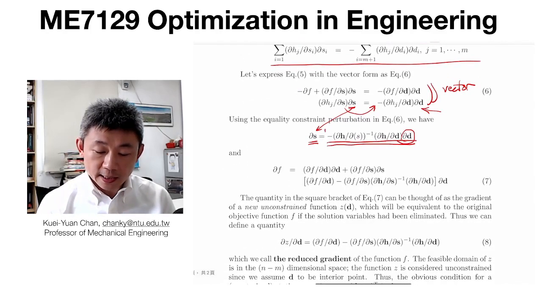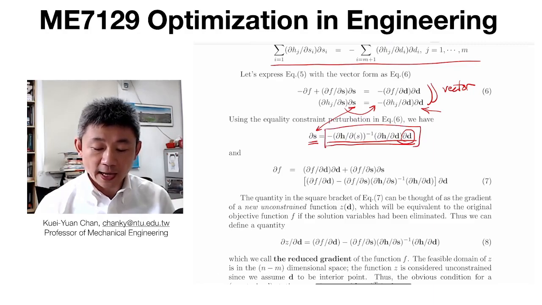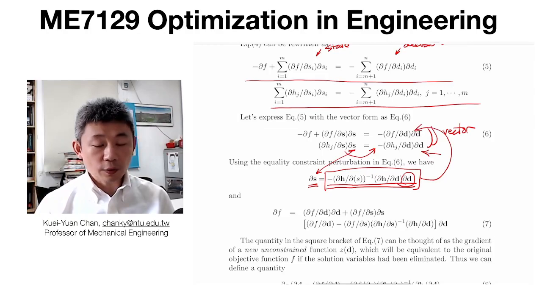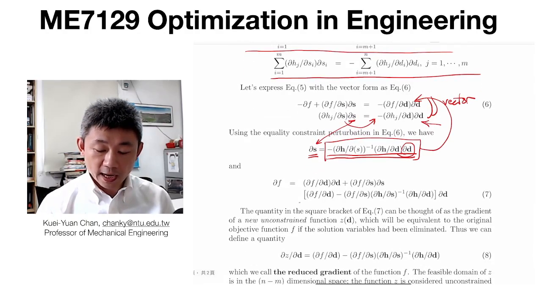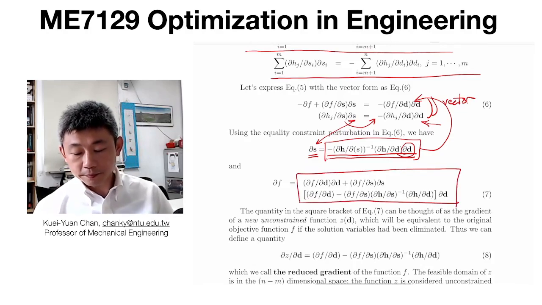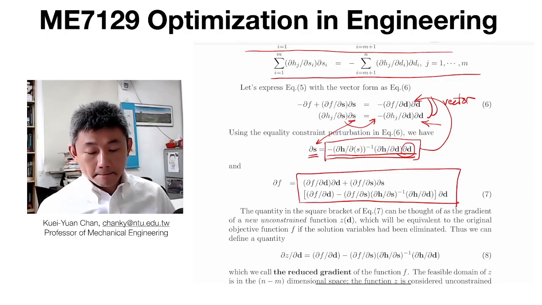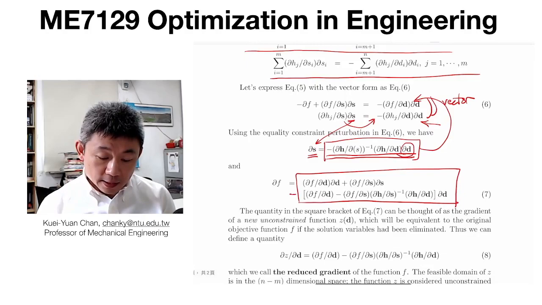And if we take the entire value of S into the first equation of equation 6, then we have the whole thing. And then there's an equal sign.